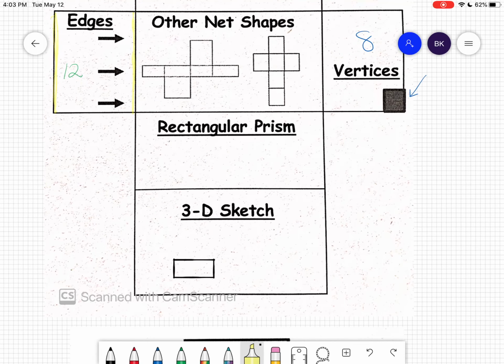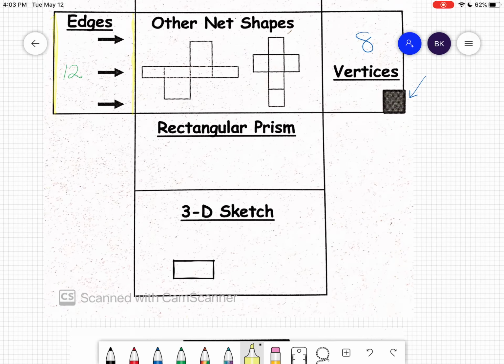And really quickly, let's do a 3D sketch on this. So if you draw a rectangle, what you're going to do is then draw 1, 2, and 3 parallel lines. And you're going to connect these 2, and then you're going to connect this. Oops, I did this a little bit too long.